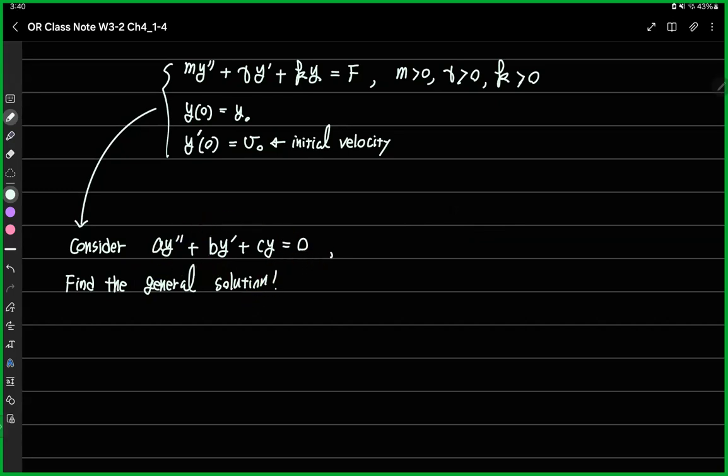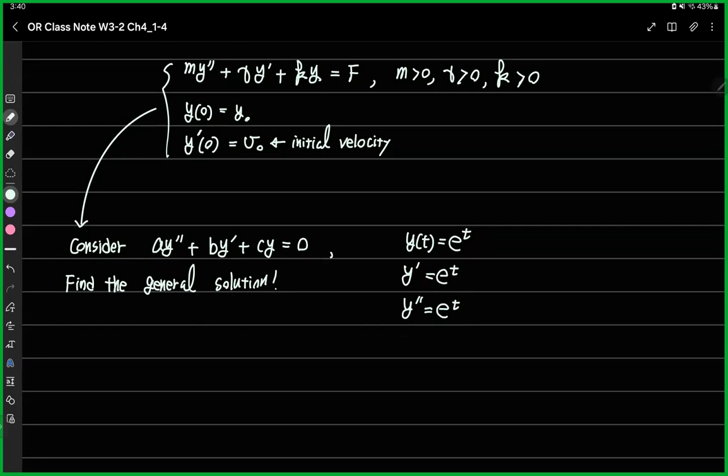So I think an exponential function, because for example, if y of t is e to the t, then y prime is e to the t, and the second derivative is also e to the t, right? So if we choose appropriate values for a, b, c, probably we can get 0.